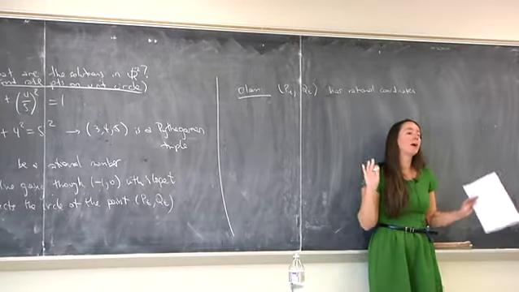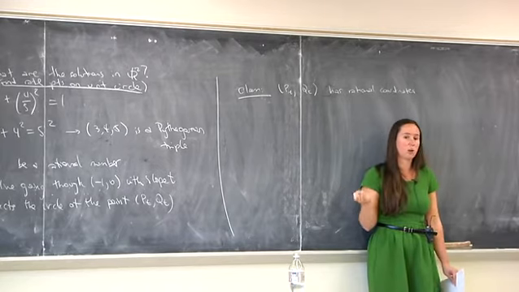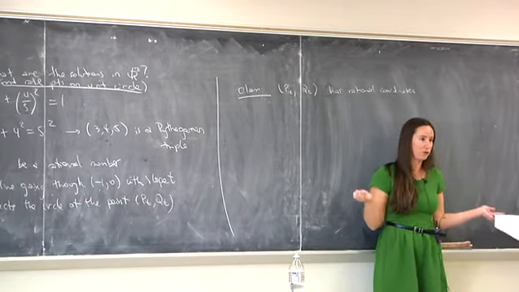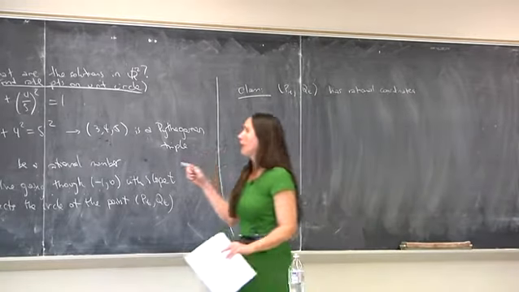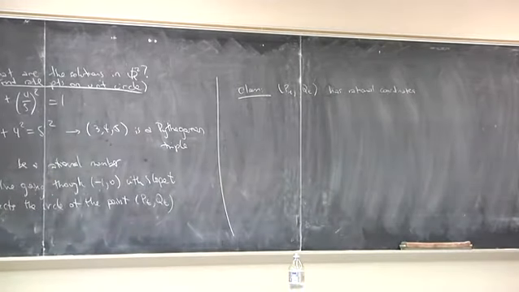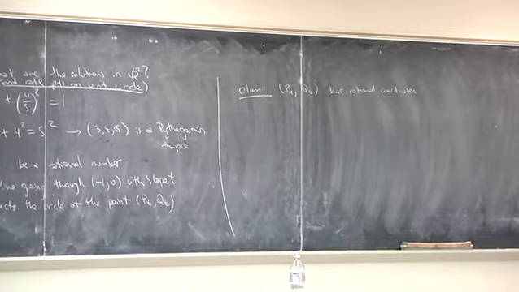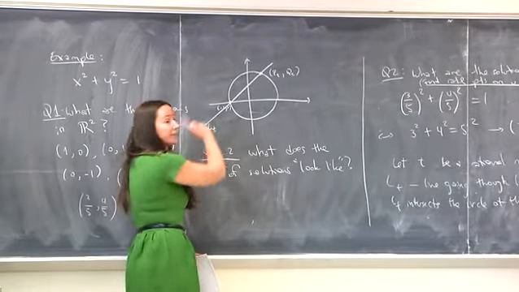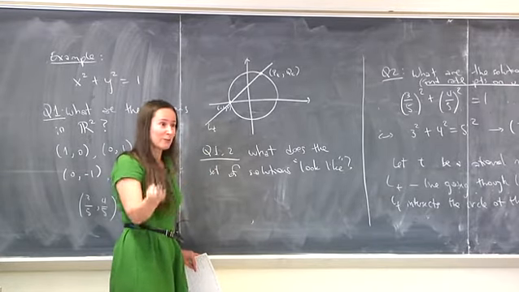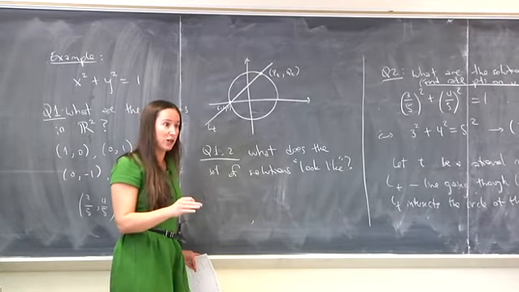Well, if you have no idea how to start, how would you answer a question about what is the intersection of 2 equations? Do we know exactly what the equation for the line is? Well, we have a point and the slope, so we can use the point-slope formula, and we know exactly what the equation is, right?